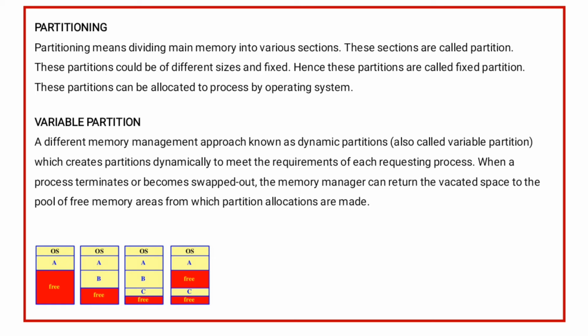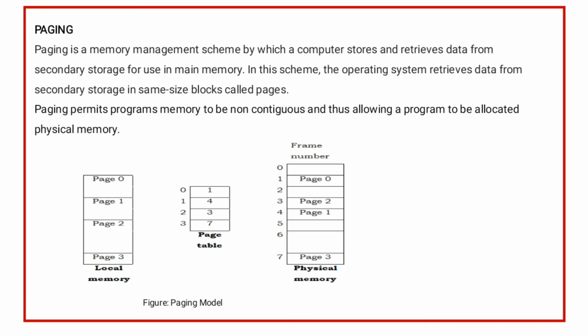In variable partitions, the number of partitions and their sizes are variable. They are not defined at the time of system generation. In variable partition, the starting address of any partition is not fixed. Consider the figure. Partition sizes are not fixed. The number of partitions also varies. See the figure.